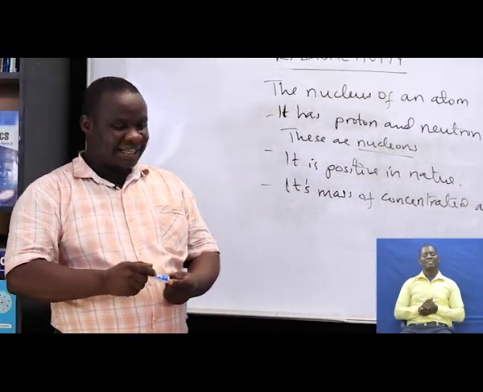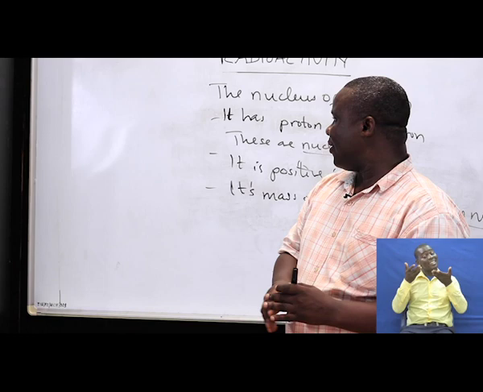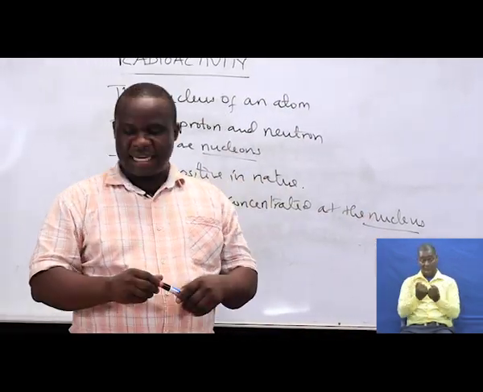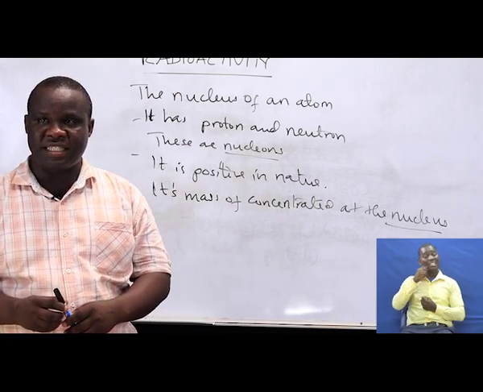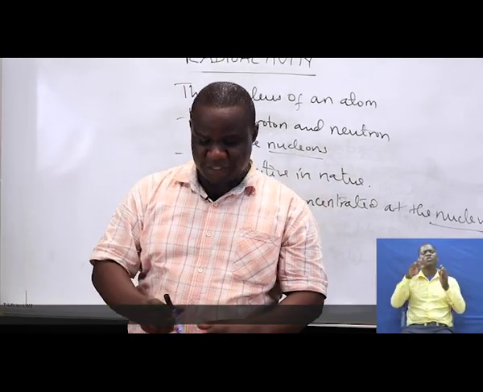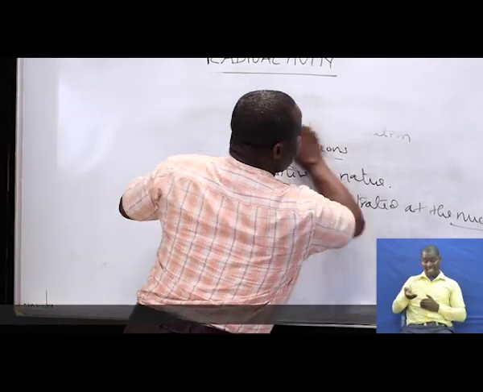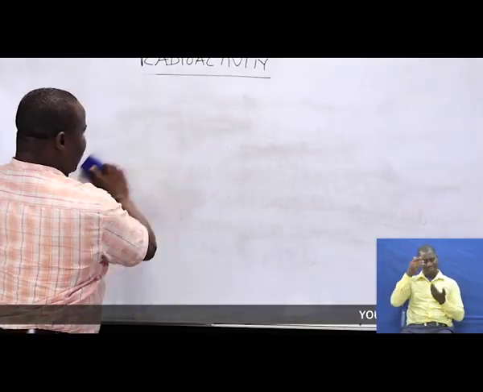My student, now upon looking at all these particles that make up the atom, let us try to see the important definitions or items that we found in this study. We have an item which we call the atomic number.